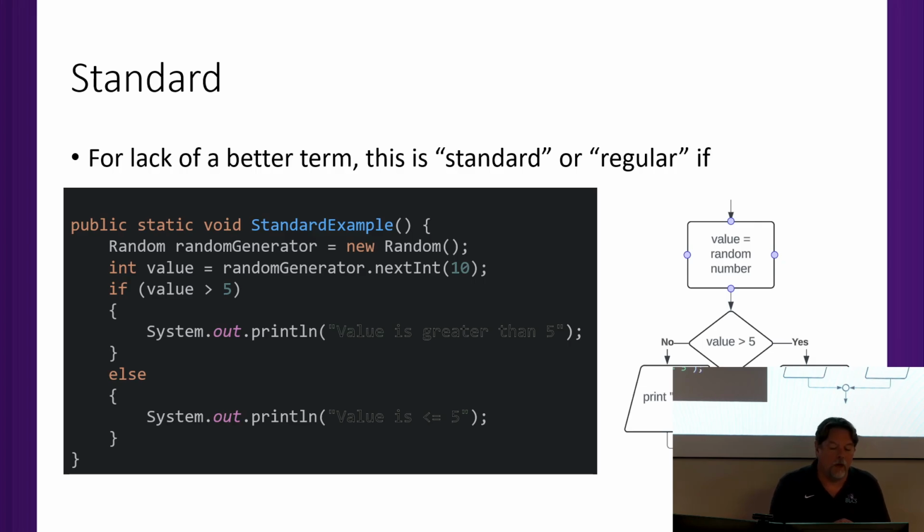And one of the other things that I'm going to point out here is I find it interesting that nobody observed, why am I comparing value greater than 5? Does that raise any eyebrows? Any thoughts, concerns?